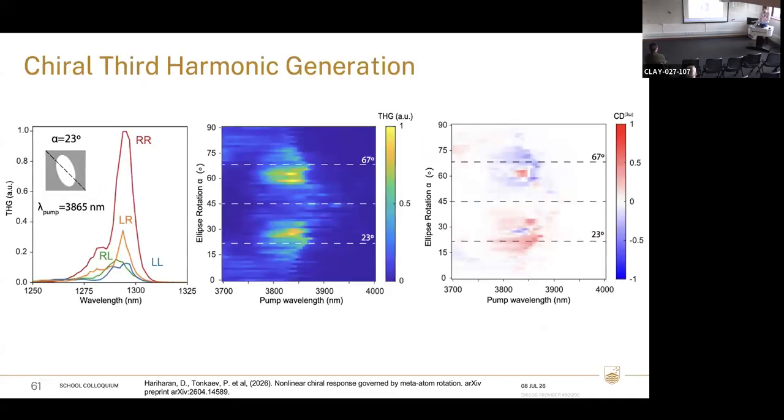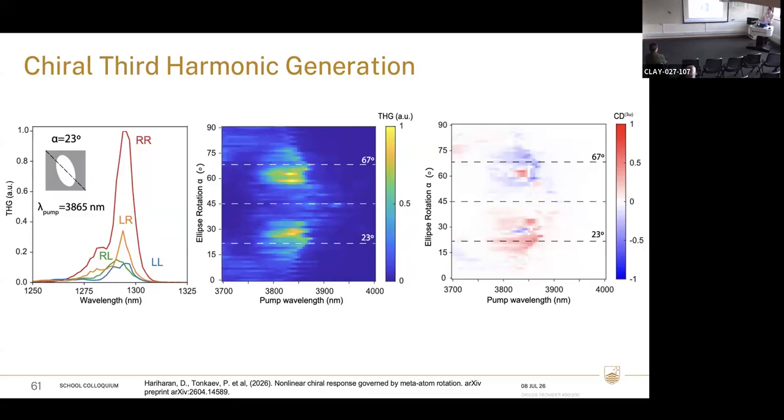Next we study again harmonic generation from such a structure. We recorded all four components for many rotational angles of these ellipses. Here, this map is the integrated harmonic signal depending on the pump wavelength and the ellipse rotation angle, which is this one.